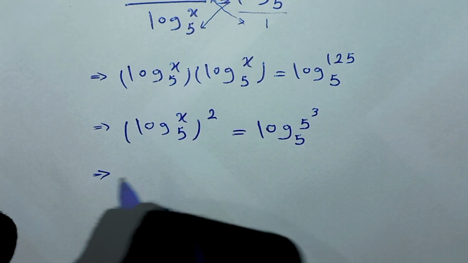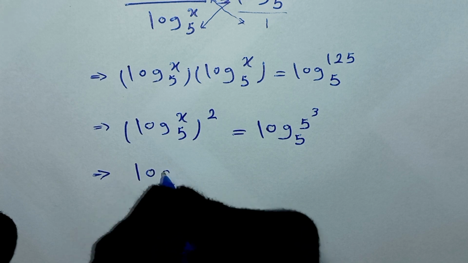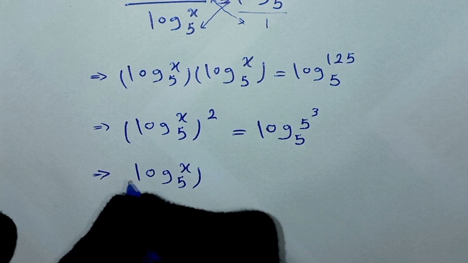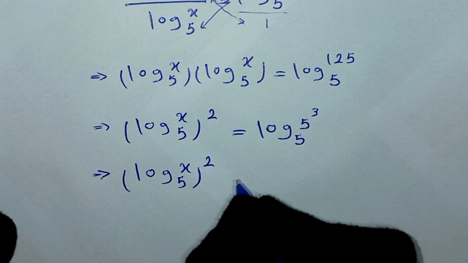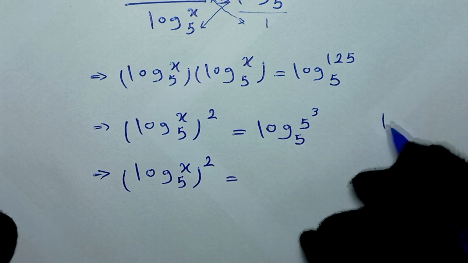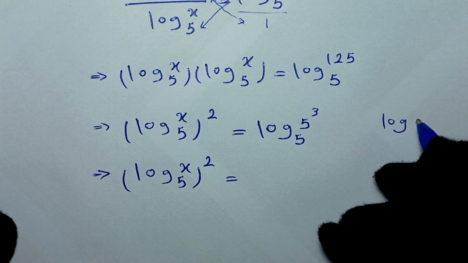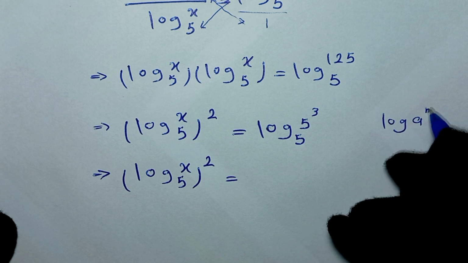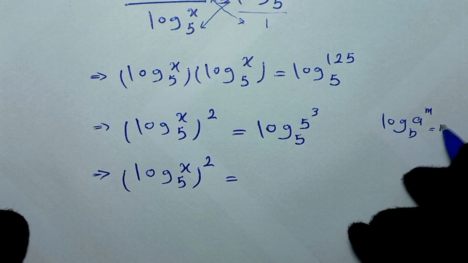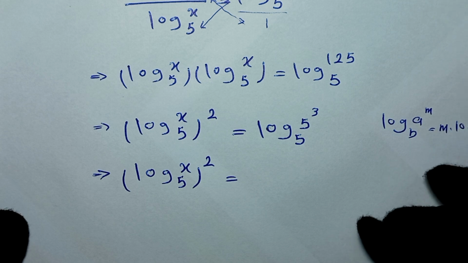And it will be log of x to base 5 to the power of 2 is equal to, and in here, if we have log of a to the power of m to base b, we can write this as m times log of a to base b.